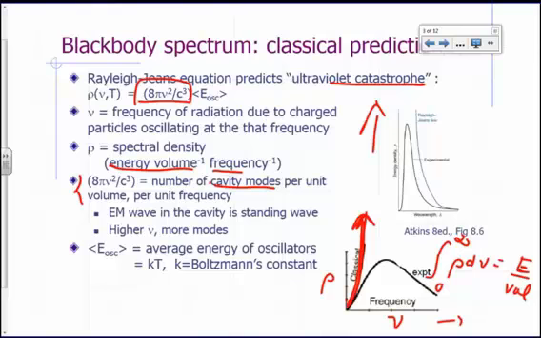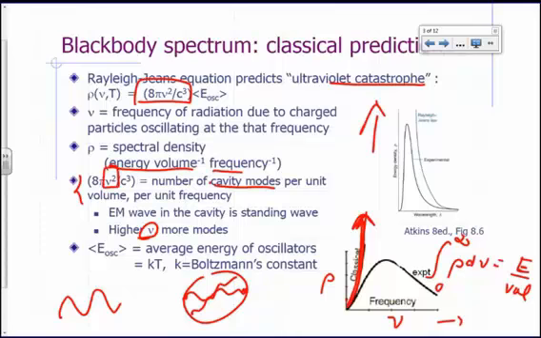An electromagnetic wave inside the cavity is said to be a standing wave, which means at the boundaries of the cavity, the wave approaches zero. You've heard of standing waves in your physics classes, right? It turns out from the analysis that the higher the frequency of your radiation, the more cavity modes, the more ways you can make a standing wave with that frequency within the cavity. So that's why it's directly proportional to nu squared.